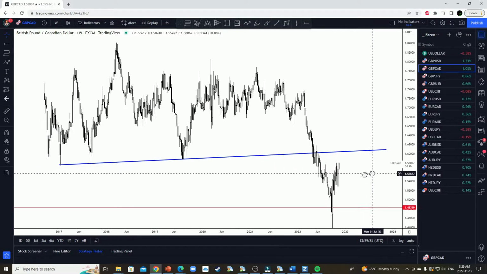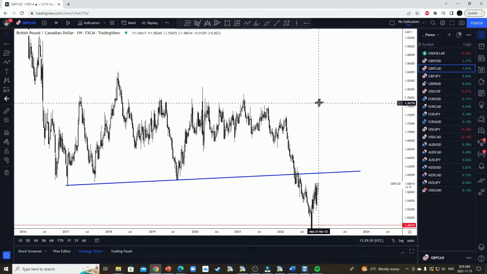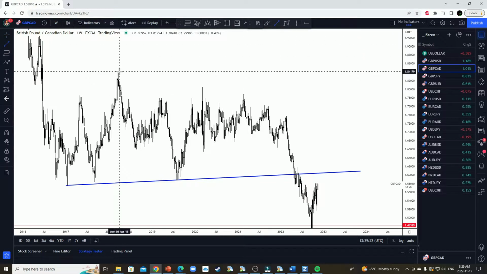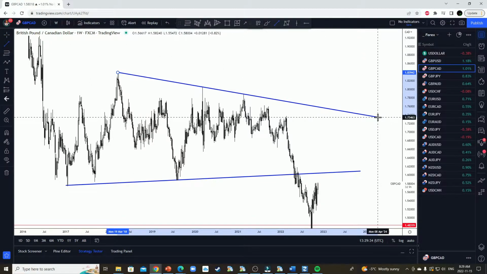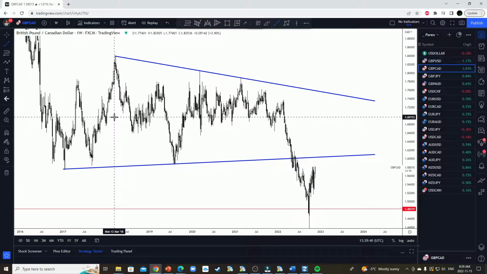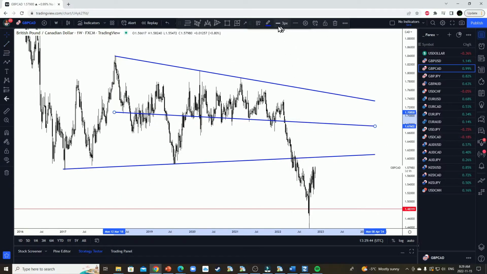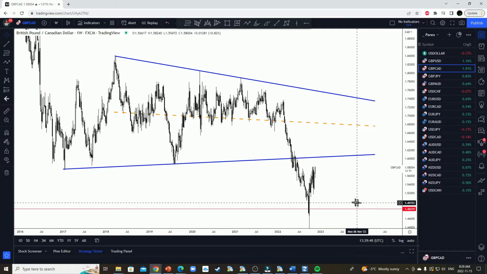It doesn't always happen, but a lot of the time it tries to shake out the weak hands that have stops that are too short. So right now, this is the pattern that I'm trading on the Great Britain Canadian. This is what I'm working with over here.